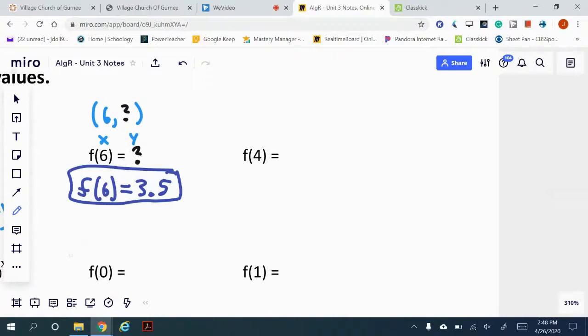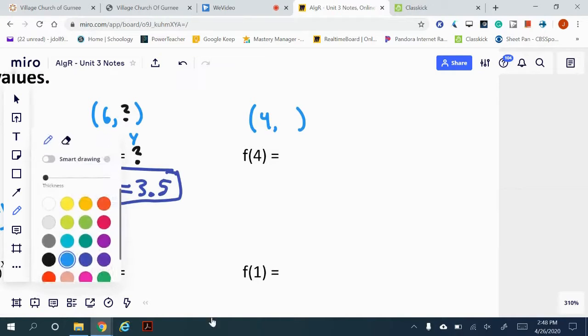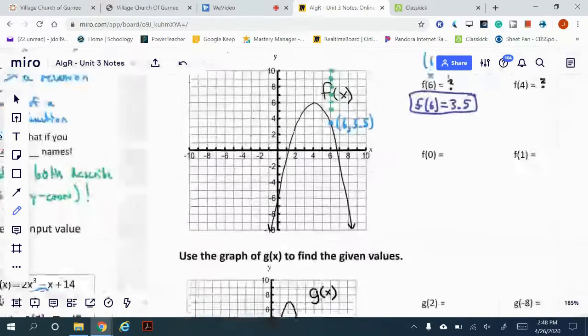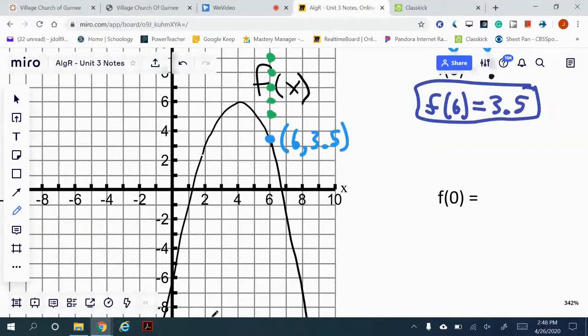If I'm looking for f of 4, essentially what I'm doing is saying I know the x coordinate is 4. What's the y coordinate? What is a point on this parabola, which we'll talk more about in the second semester of algebra, but that's what this curvy thing is called here.